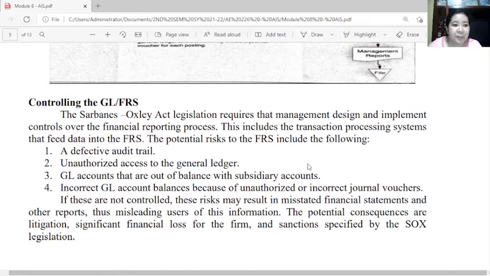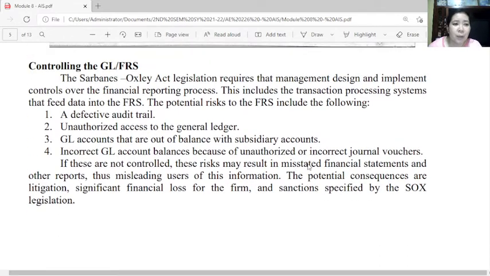So how do we control, or what are the controls to be used in the general ledger or financial reporting system? Based on the Sarbanes-Oxley Act legislation, basically in the US, management is required to design and implement controls over the financial reporting process.